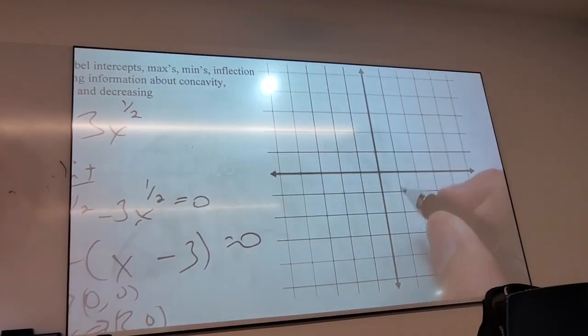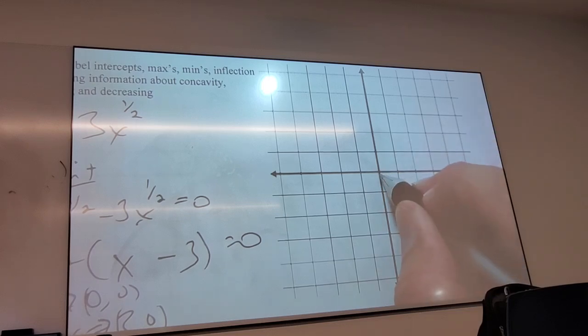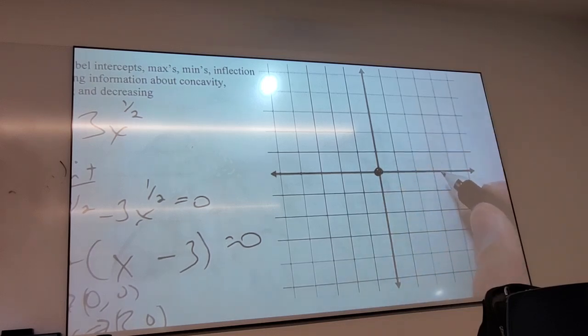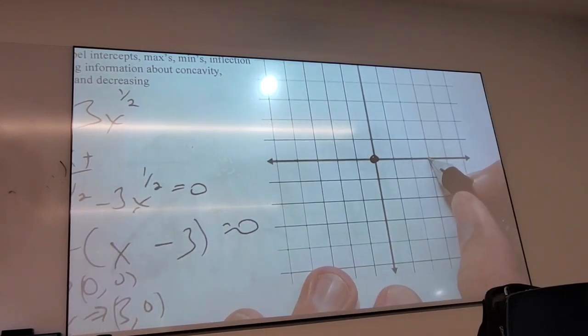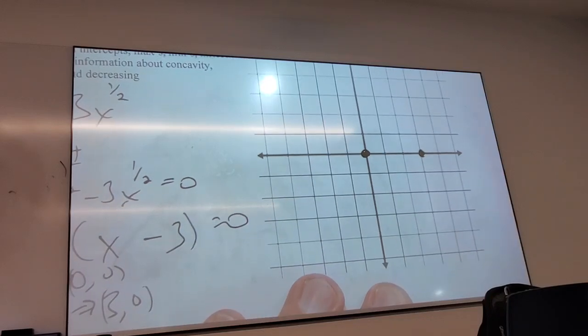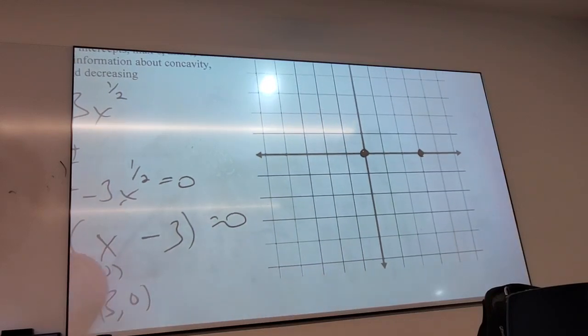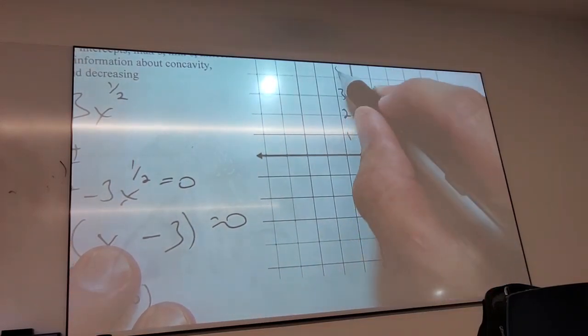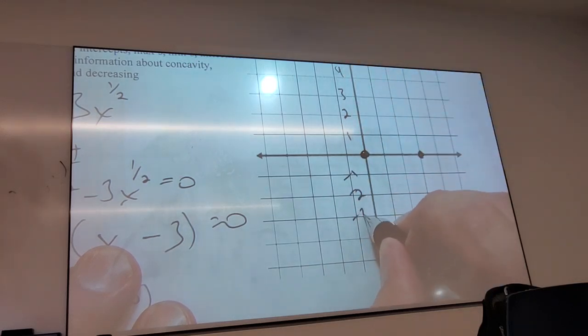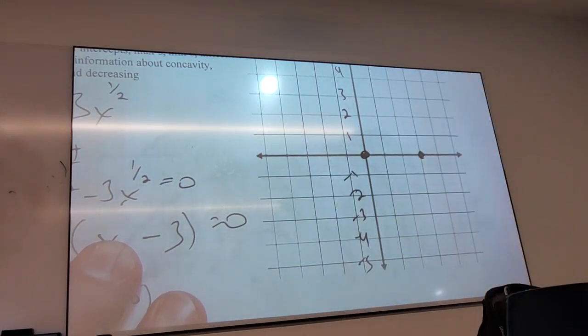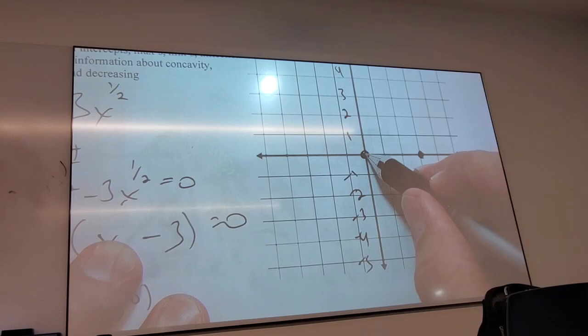So I'm going to plot everything I know. I know (0, 0) is an intercept. I know (3, 0) is an intercept. Doesn't look like I need my scale to be anything too crazy. I know the local max is (0, 0).